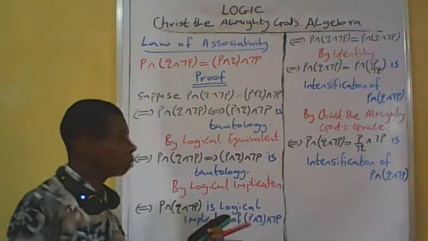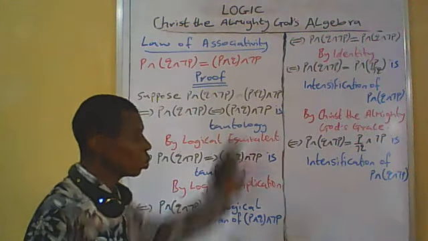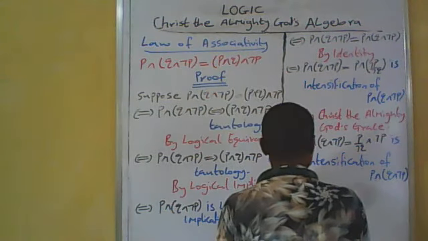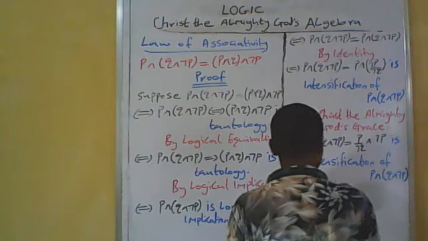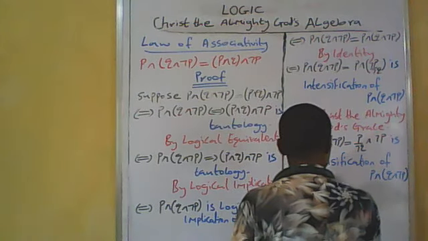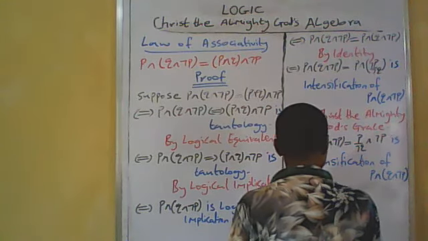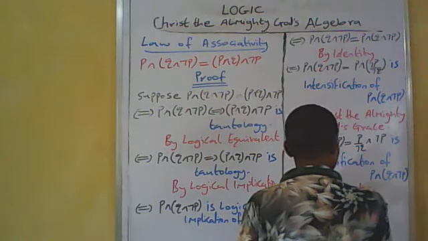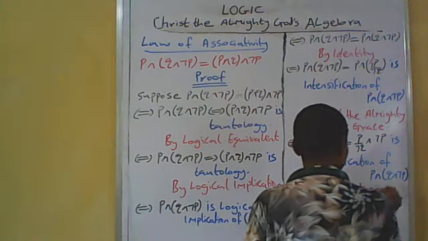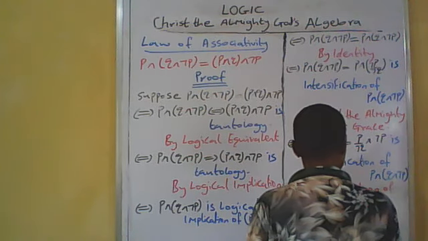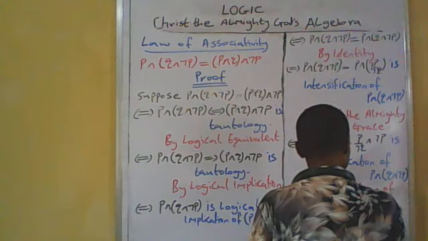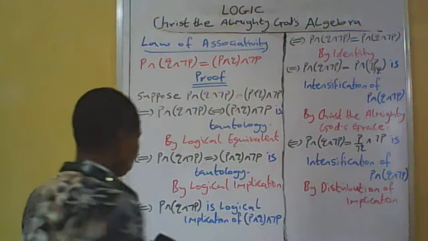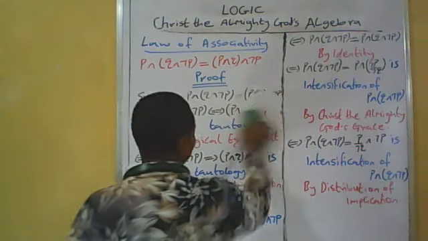Is two sort of implication that we split that not Q to P. So being justified by distribution of implication, by sort of implication. We continue here.